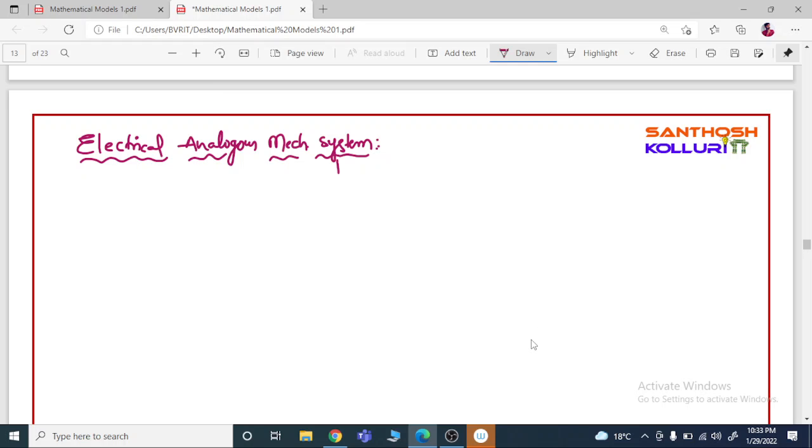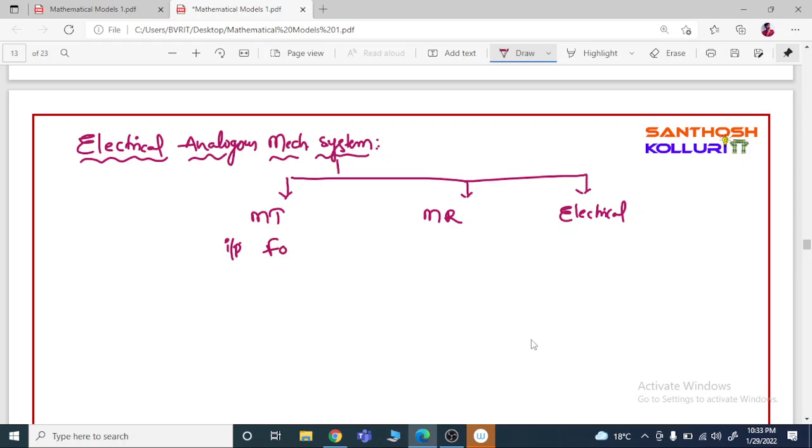So generally we are having three types of systems. I am giving some overview related to these mechanical systems. First one is the mechanical translational system and the mechanical rotational system, and after that we have discussed these electrical systems. In this case the input is force, in this case the input is torque, in this case the inputs may be a voltage source or a current source.